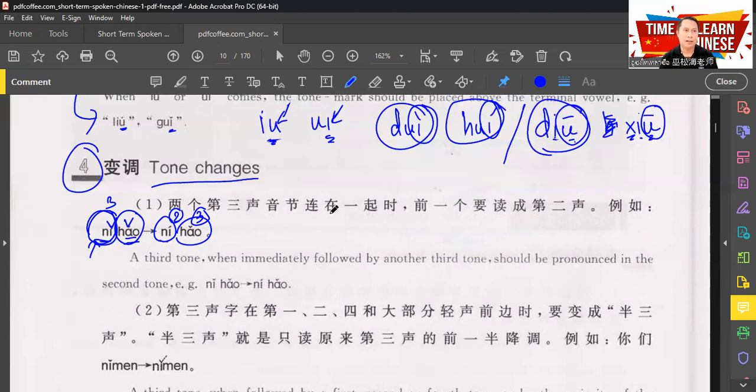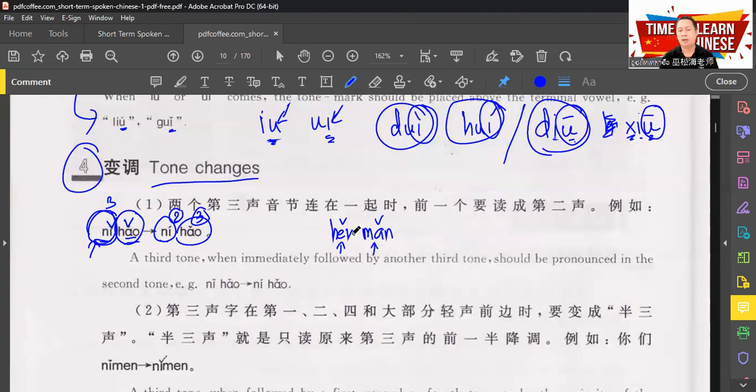And also another words, for example, HEN third tone. We will accent like 很 okay. MAN is man. For third tone is หมาน.